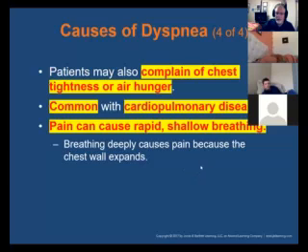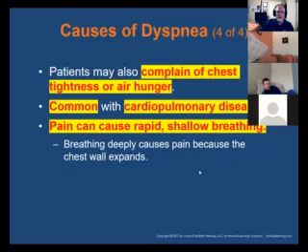Rapid, you can picture it. Chest hurts, you don't want to breathe deeply, so your body says, all right, we'll breathe more rapidly to try to get the same minute volume. Tidal volume, the volume of air in milliliters from each breath, multiplied times the respiratory rate is minute volume.